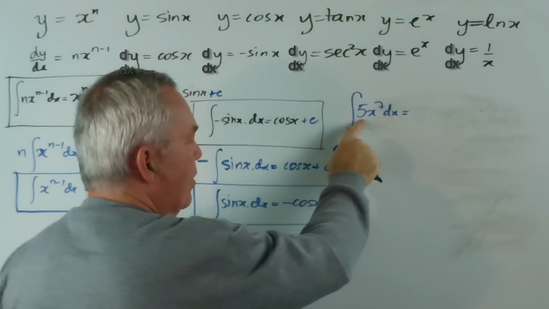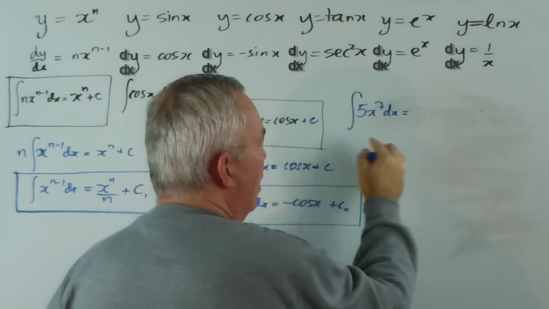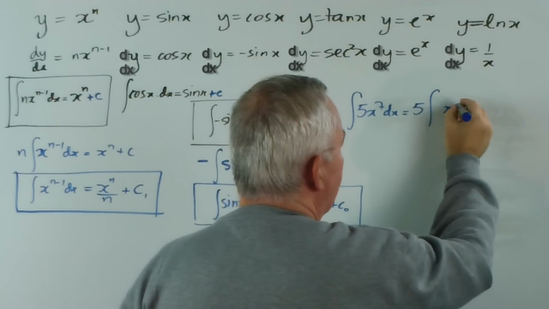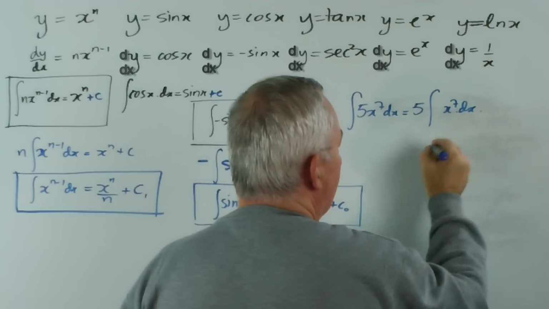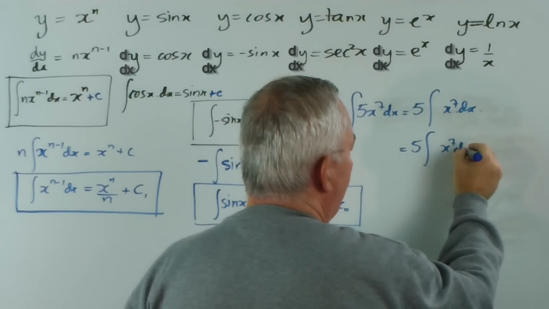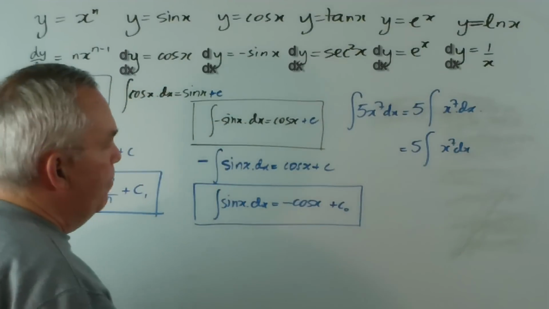And I certainly don't have an 8 there. Now, both methods would move the 5 outside, so I'm going to write this, x to the 7 dx, and I'm going to write it again. And in black, I'm going to show you the difference.